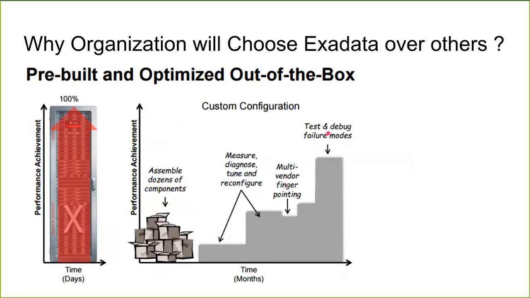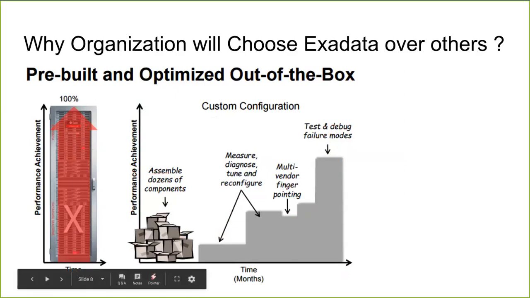Then the customer has to test, debug, and do failure-mode testing. All of this is tested, pre-configured, and assembled, right? So with an out-of-the-box optimized system, in 15 days you'll be up and running, and you can start installing or migrating your database into Exadata. Whereas the other approach is going to take months of effort. This is days, this is months.